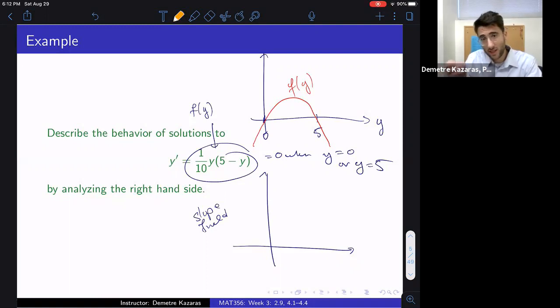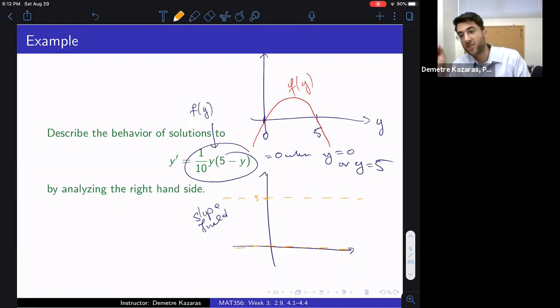And so, for instance, at height 0 and 5, the right-hand side is 0, so I should be drawing horizontal slope 0 lines at height 0, and at height 5, I should also be drawing horizontal lines.